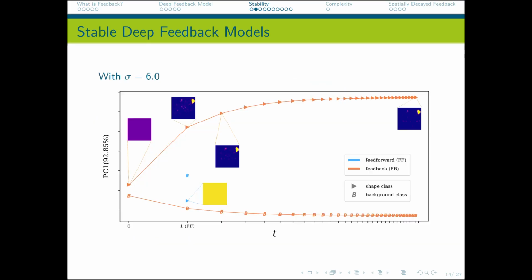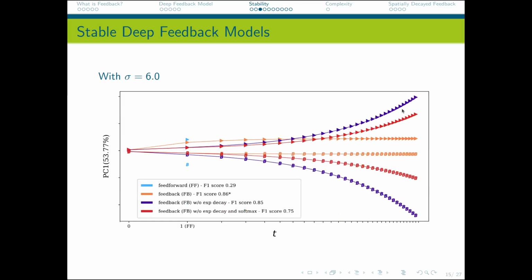So, to prove that the system is stable under this formulation, we are plotting the principal component of the output vector representation of the neural network of a feedback model, and we can see that as time evolves, the principal component does not change. So we are able to ensure that the system is stable and converges to a specific point in equilibrium. Of course, the specific point is different for each instance, but we are able to prove this.